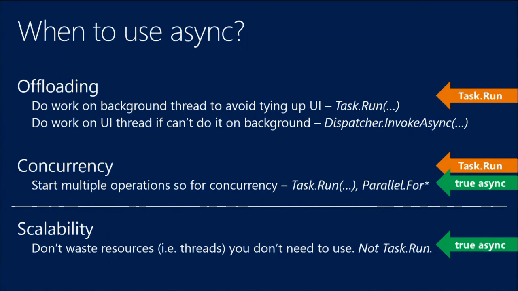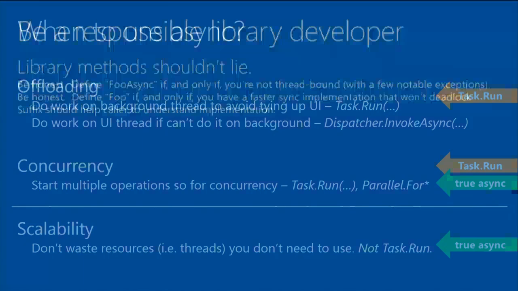But if each request uses task.run and therefore uses 2 threads, then my server can only manage 500 requests at a time. So I've wasted my scalability through this use of task.run. I have not bought anything at all. So that's why we're not going to be using it.